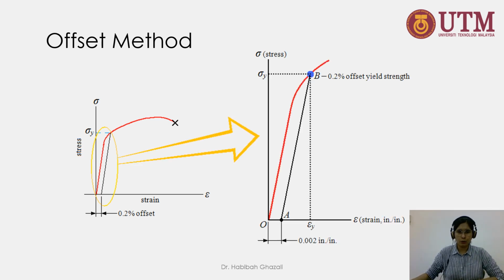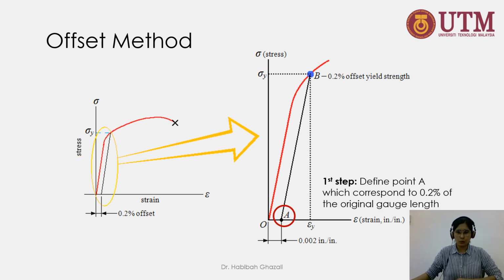So what you can do is use the offset method. The first thing is we define a point. Here I label it as point A, which corresponds to 0.2% of the original gauge length.